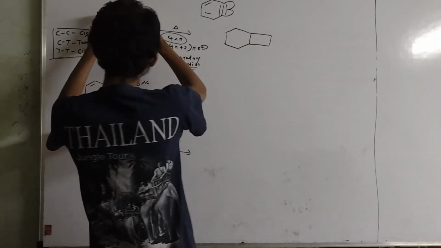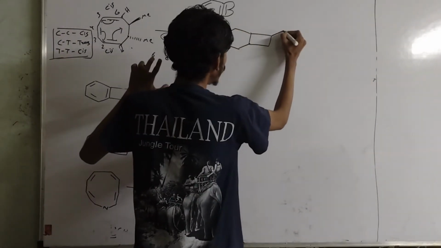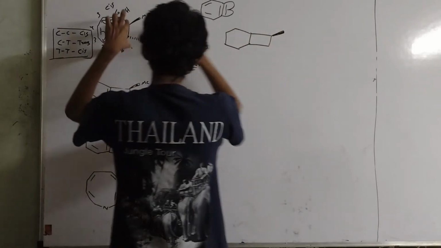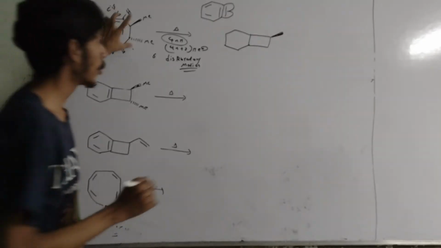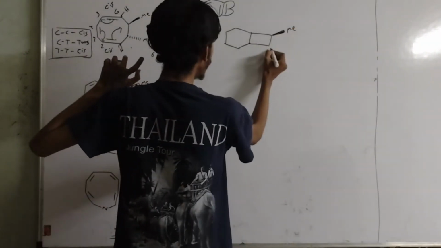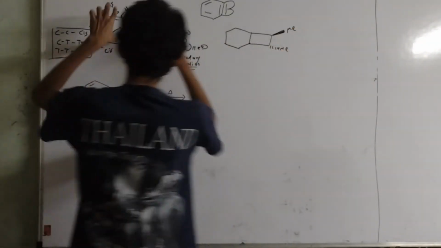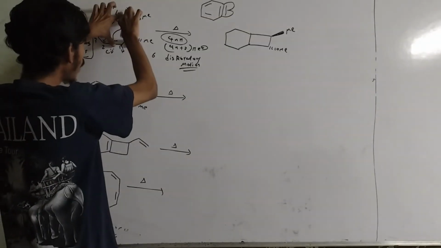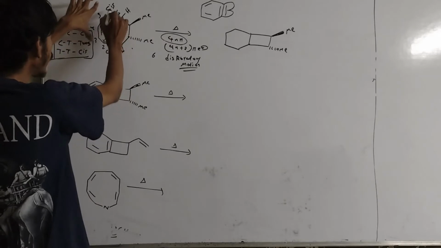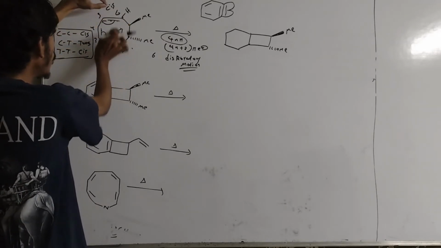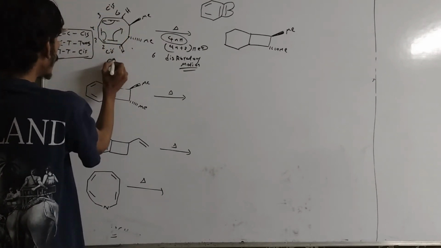And this stereochemistry remains the same, so here the methyl and here the methyl. What about these two hydrogens? Whether they are cis in nature or trans in nature? We already talked about this: when two double bonds are cis in nature, then the compound is overall cis.